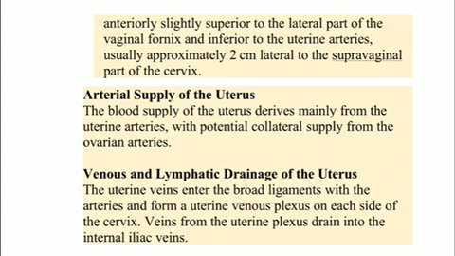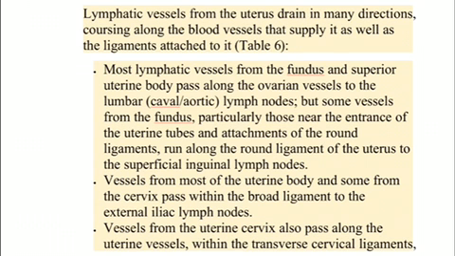Most lymphatic vessels from the fundus and superior uterine body pass along the ovarian vessels to the lumbar lymph nodes, what we also call the caval or aortic lymph nodes. They all mean the same.